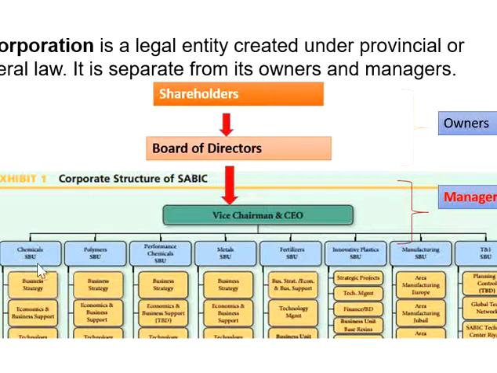So it means he is responsible for what sales he should make, what effort he should make about sales, as well as the cost. He is responsible for both sales and cost. This is just an example of the organizational structure of SABIC.